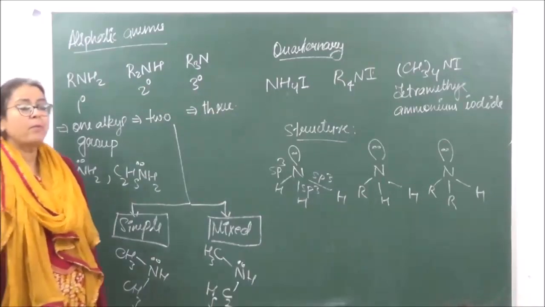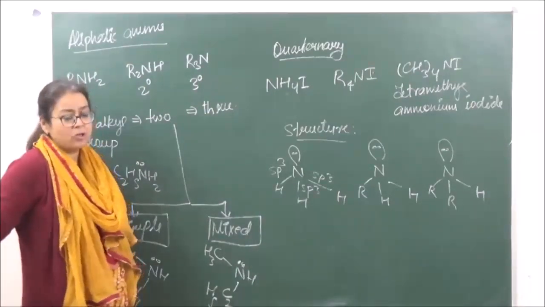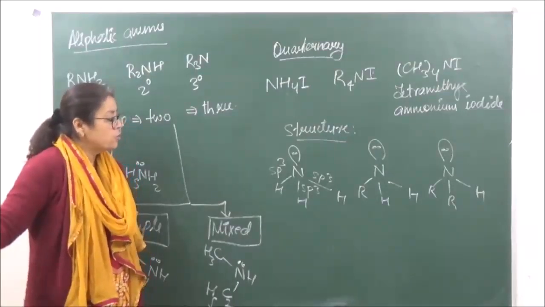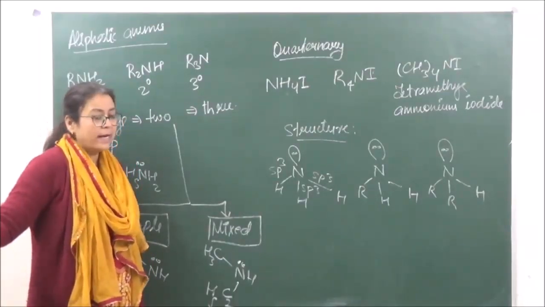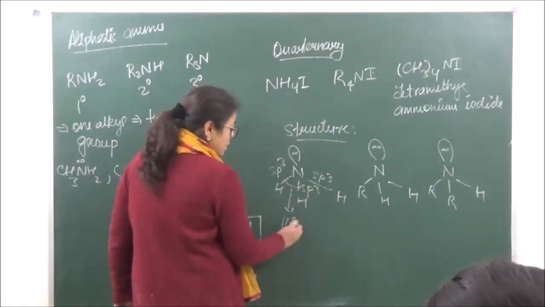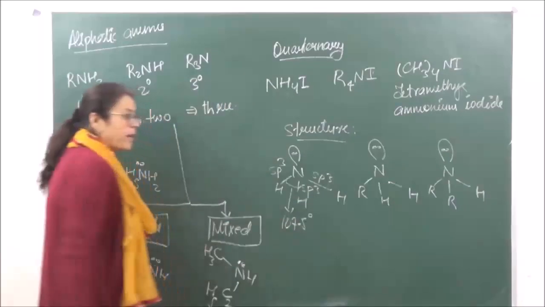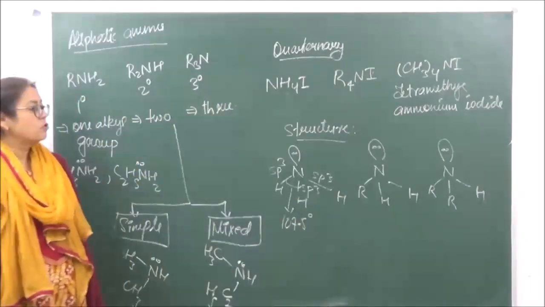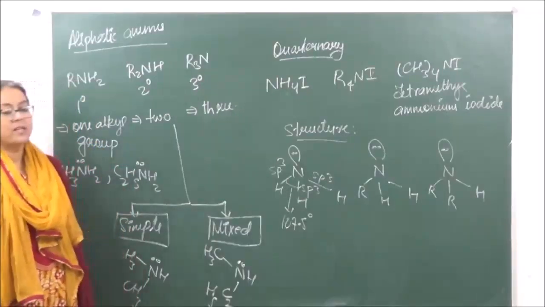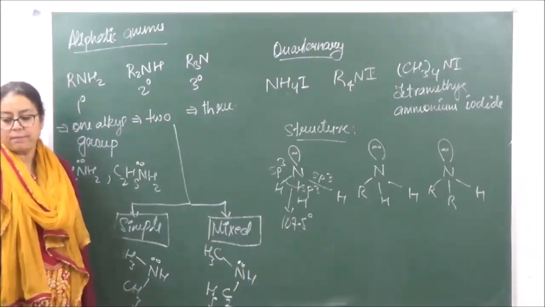So all the bond angles over here are going to be tetrahedral. You know that the bond angle is 109, but over here, due to lone pair bond pair repulsion, the bond angle reduces to 107.5 degrees. Okay? So in all three, the bond angle is going to be almost the same, right?